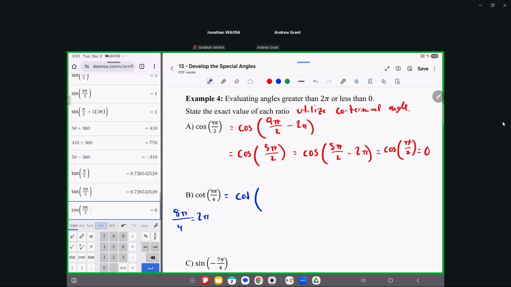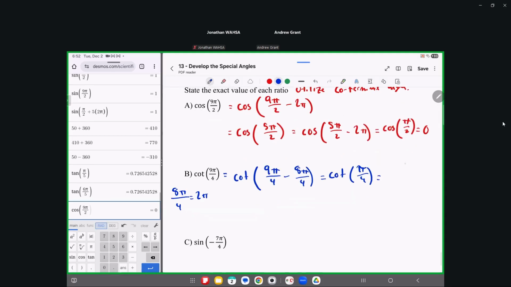So cotangent of 9 pi over 4 minus 2 pi is cotangent of pi over 4.